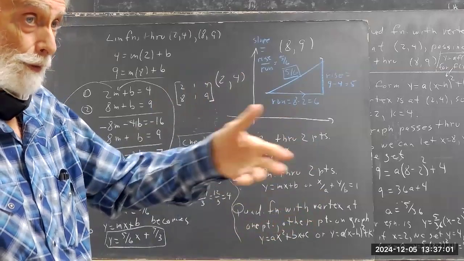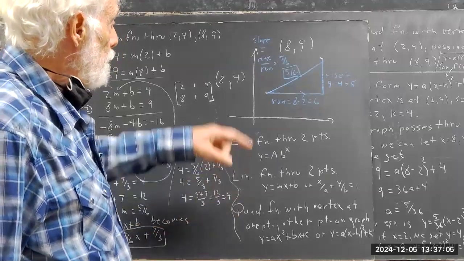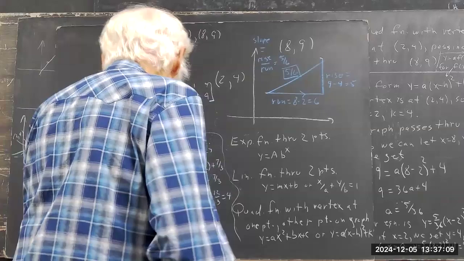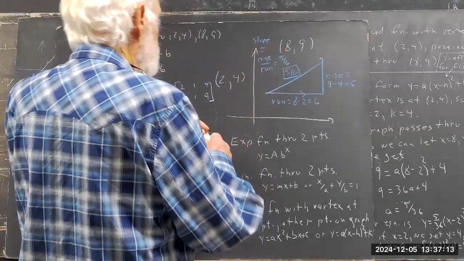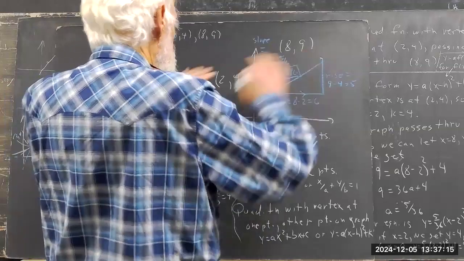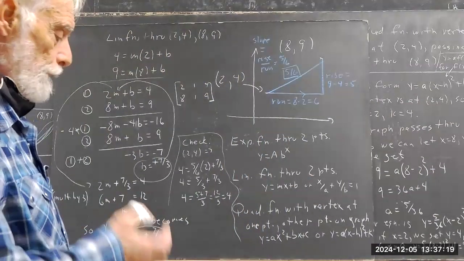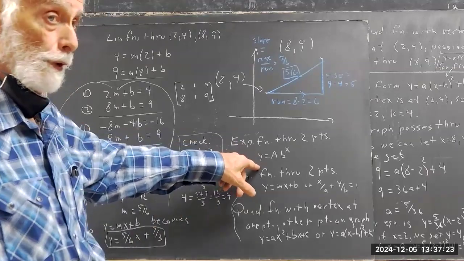So I did stuff that's semi-unique to this section. We have 2 points: the point (2, 4) and the point (8, 9). At the beginning, we just have those 2 points, nothing else. So try to imagine that. What we want is an exponential function through those 2 points.